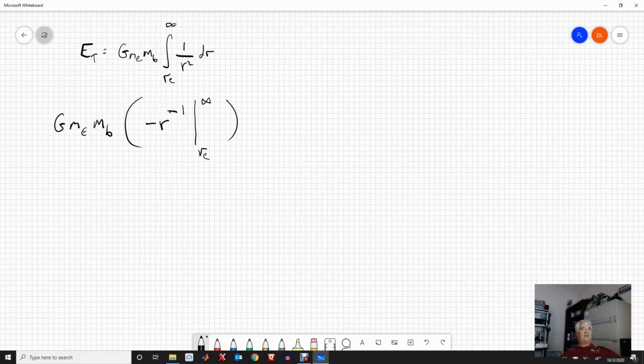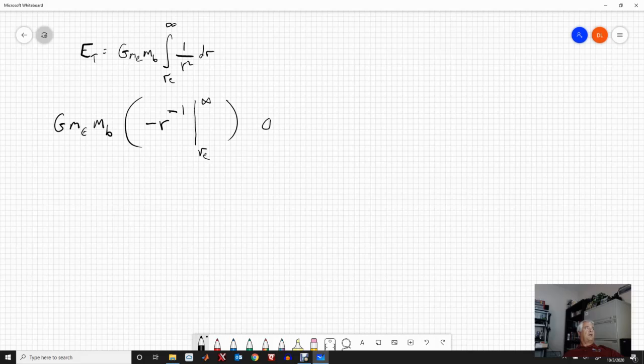This is how you take the limits of integration and get a specific number. You plug this value in and compute it, then you plug this value in and subtract it from the previous value. Well, when r is infinity, 1 over infinity is 0. And so this first term just goes away, yields 0.